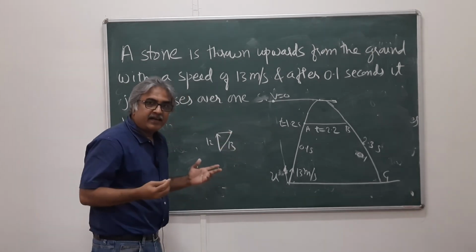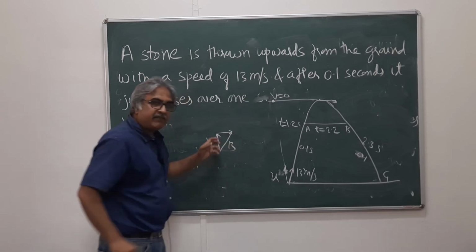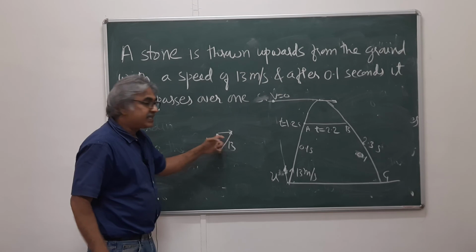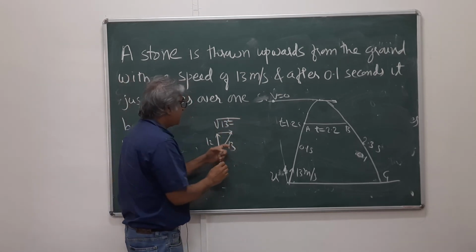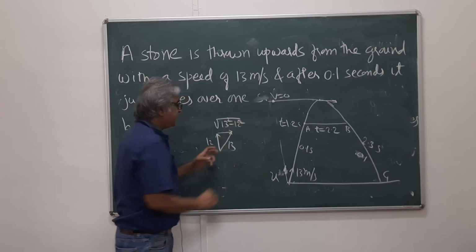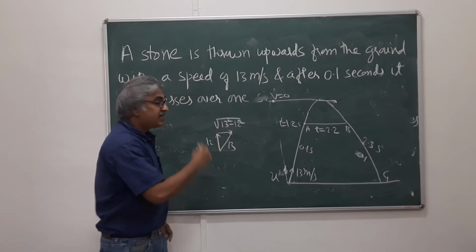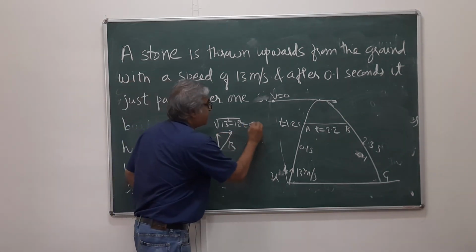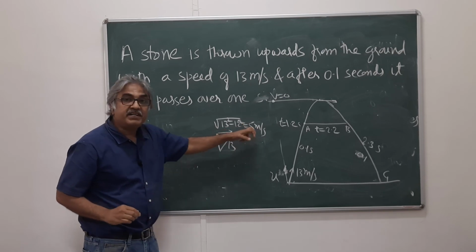So this is a right triangle. This is 13, this is 12. So you can logically say this will be root of 13 square minus 12 square. 13 is the hypotenuse of the right triangle. So 169 minus 144 is going to be 25, so this will be 5. So your horizontal component of the velocity is 5 meters per second.